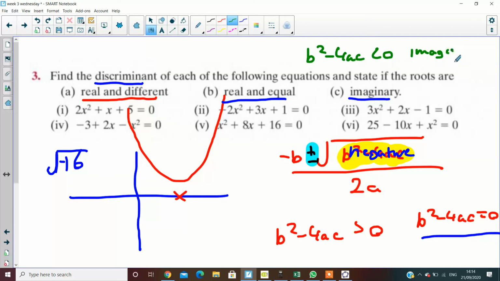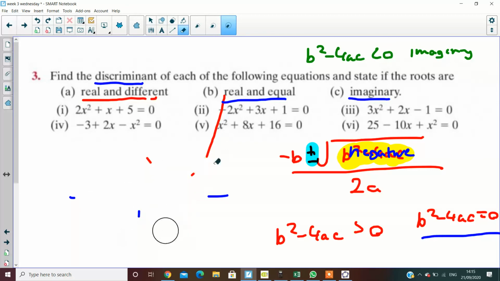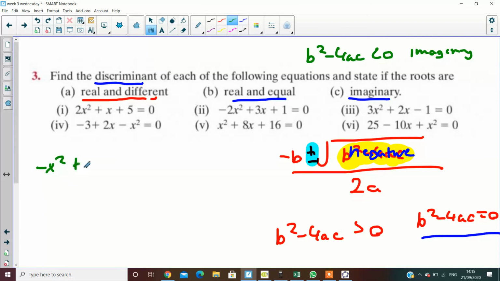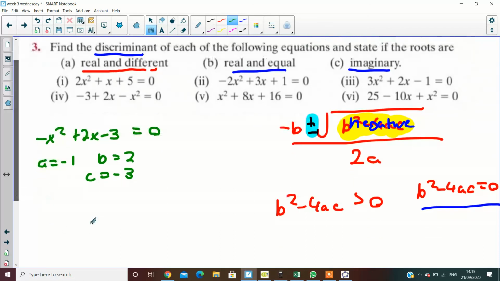So does everybody know what to do for these questions? Just say, for example, in question 3 part 4, here's what you're going to do. Just rearrange it: minus x squared plus 2x minus 3 equals 0. Everybody cool with that? A value of minus 1, B value of 2, and C value of minus 3. And all I'm going to say here is this.